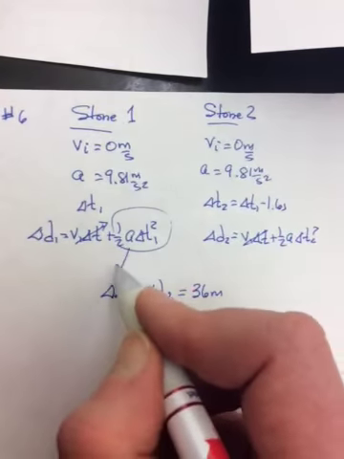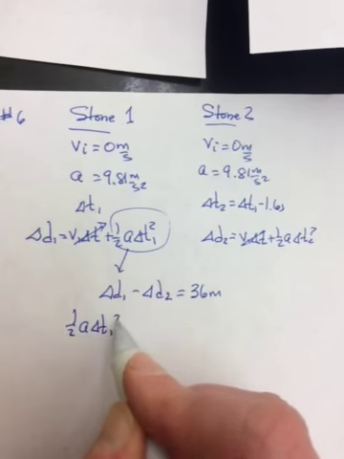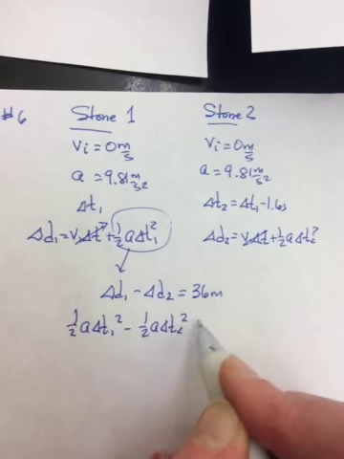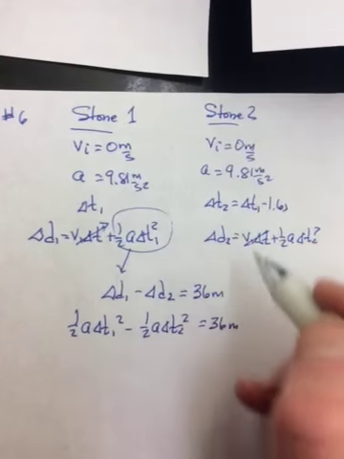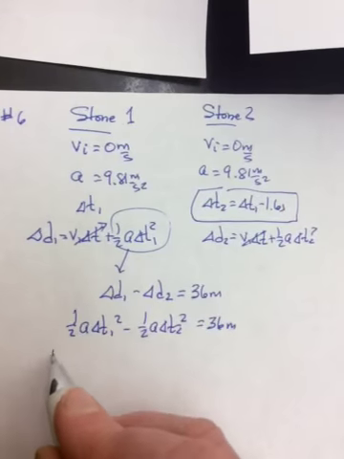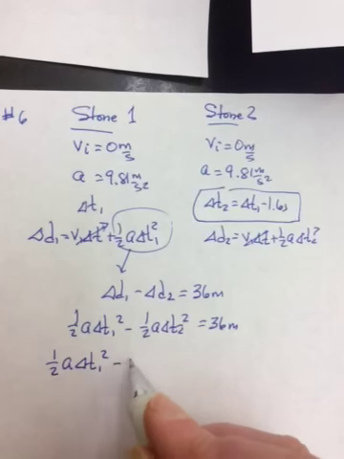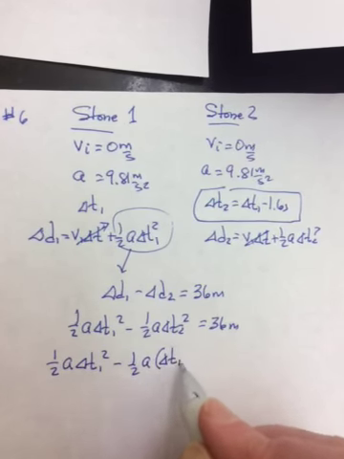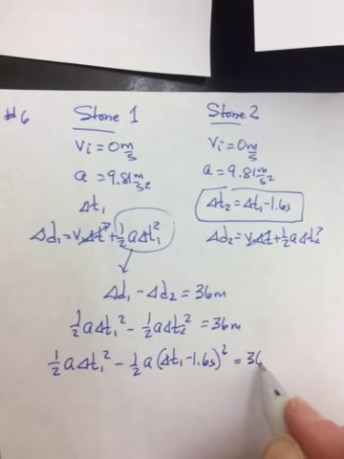So fill these in, and we'll have 1/2 A delta T1 squared minus 1/2 A delta T2 squared is equal to 36 meters. Okay, but now we have 2 unknowns. We have to fill in our time for number 2. So 1/2 A delta T1 squared minus 1/2 A (delta T1 minus 1.6 seconds) squared is equal to 36 meters.